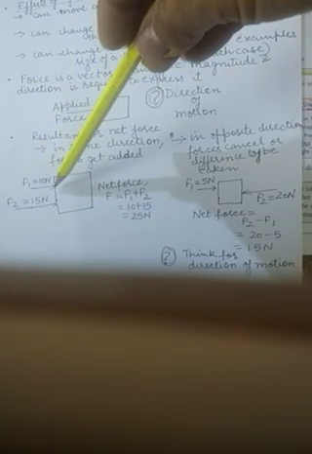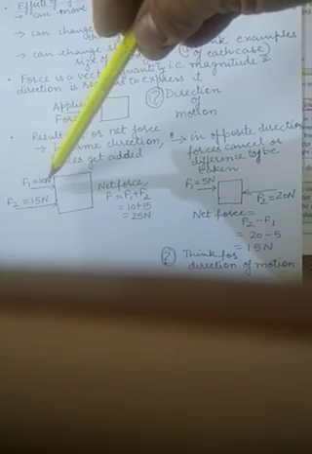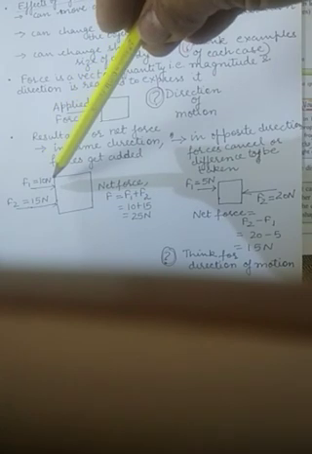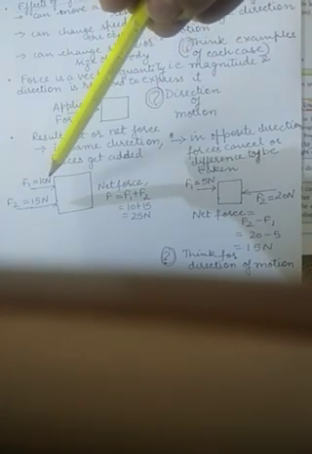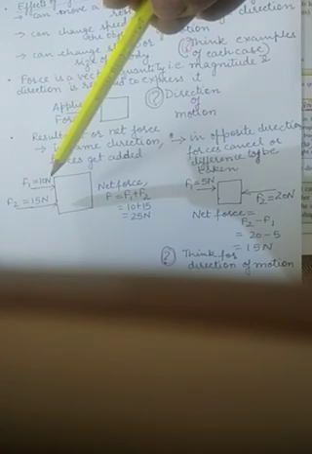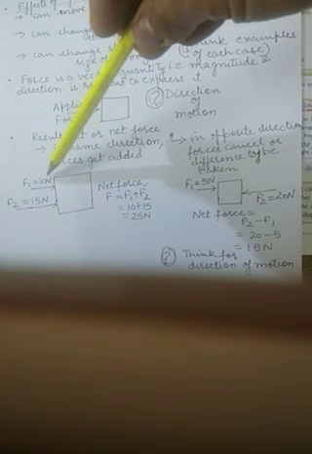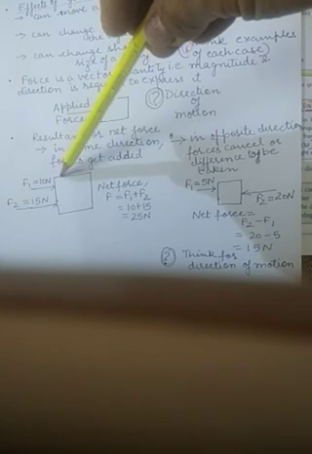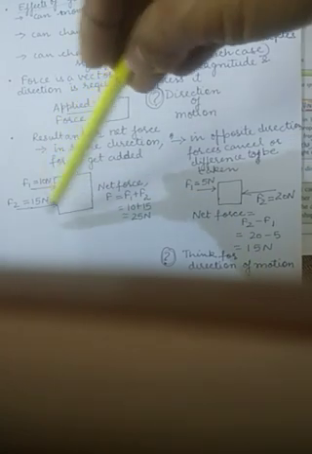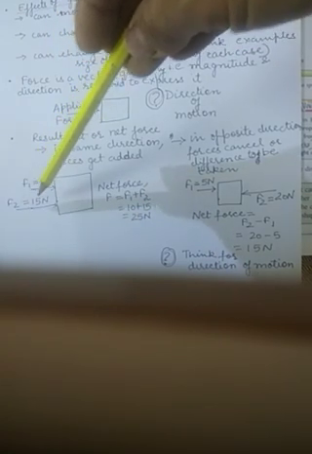Now let me tell you about this N, Newton. This Newton, denoted by N, is called the unit of force. For example, when you say 10 meter, okay, distance is 10 meter. So meter is the unit of distance. Here the unit of force is Newton. N, capital N, shows the unit of force. Now there is another force, second force, that is F2, which is 15 Newton.